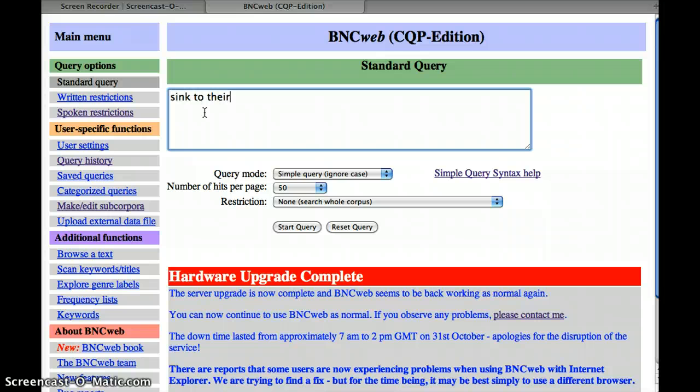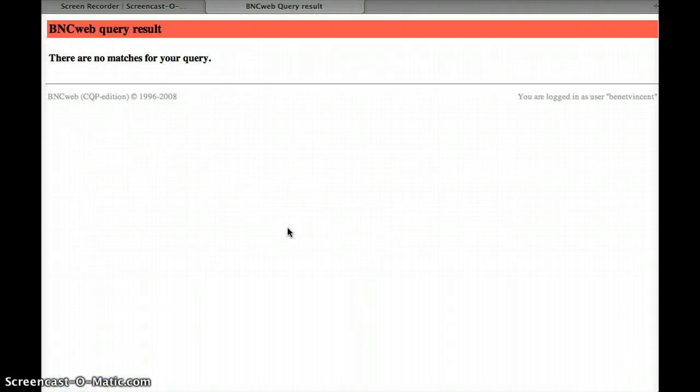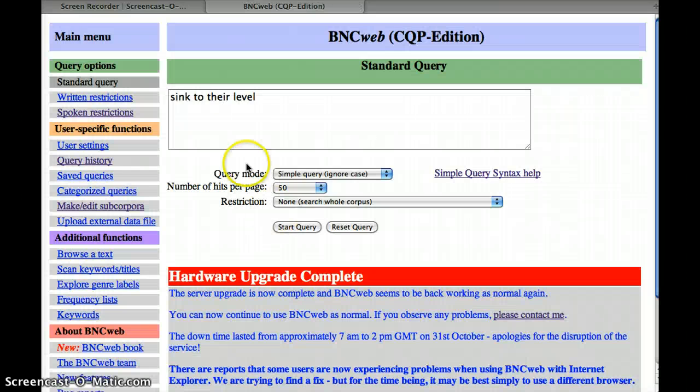Okay, let's try another one, the next one, which was to sink to their level. As I mentioned, you search for this one. There's no matches. So we think about how we can make it a bit more general. As before, we could look for different forms of sink. Sink, sinking, sank, sinks. And that means doing that.